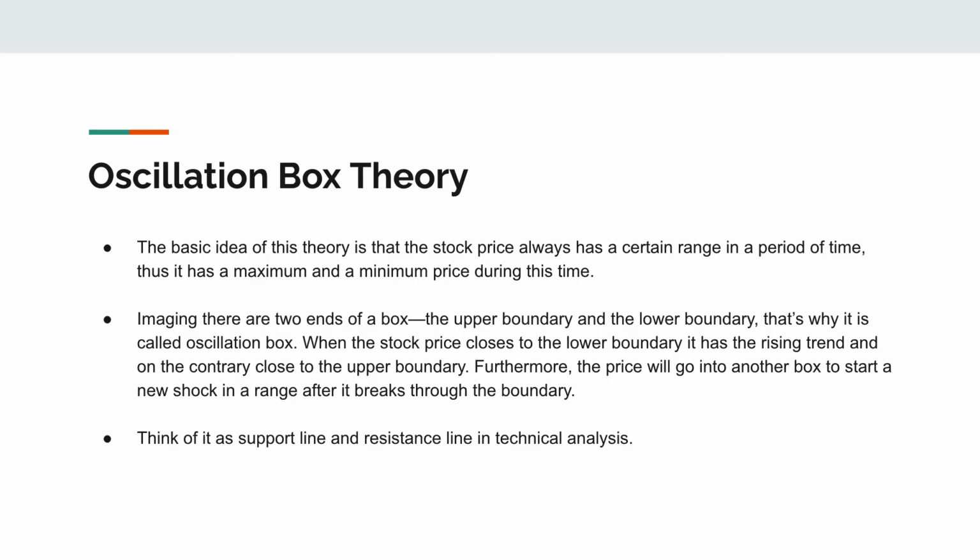And on the contrary, if the stock price goes below the resistance line, it has a good chance to keep going down. And in another case, if the stock price breaks the resistance line, the former resistance line becomes a new support line, and the stock price will keep going up.